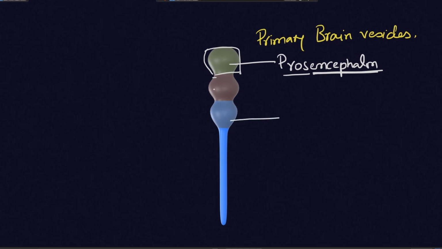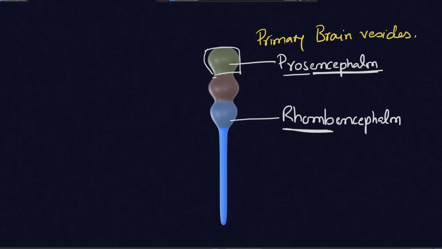Then the caudal most is the rhombencephalon. It is named rhomb because it forms a rhombus or diamond shape. The fourth ventricle is formed by this rhombencephalon.